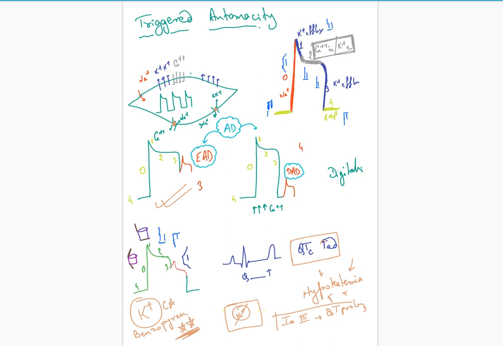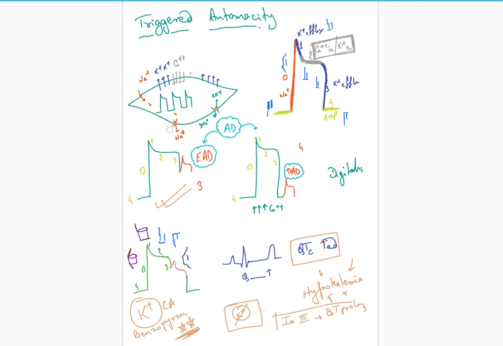So what happens is, when sodium influx takes place, some of the sodium is going to go out. It's written the wrong way round, let me correct it. And how will it go out?